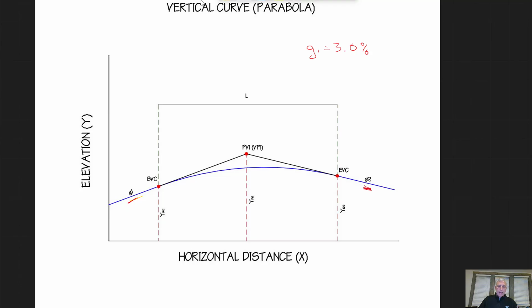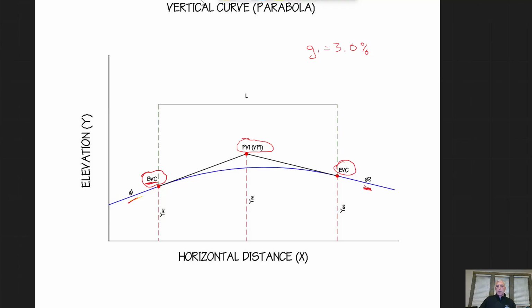When we hit the curve, we call that the BVC, or the beginning of the vertical curve. If we were to carry that tangent out, the intersection with the outgoing tangent, or the extension thereof, is the PVI, or point of vertical intersection. Finally the curve ends at the EVC, or end of vertical curvature.